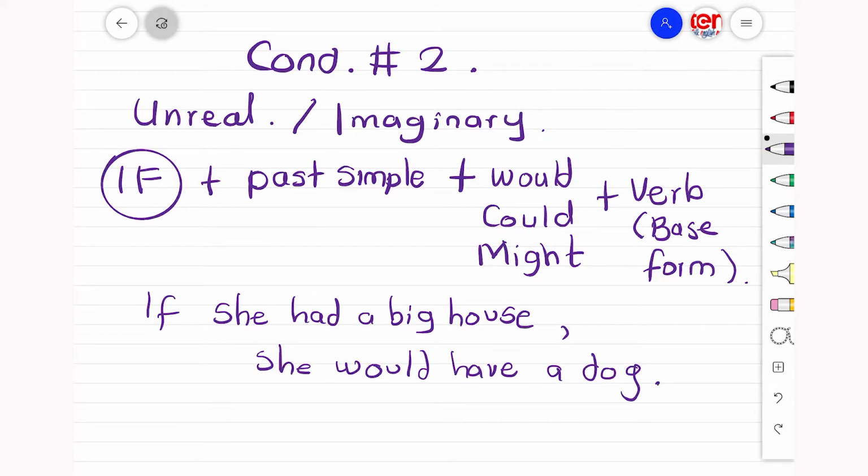How can you translate this? Si ella tuviera una casa grande, ella tendría un perro. So this is an imaginary situation, and in this case this translates si ella tuviera, and then ella tendría.